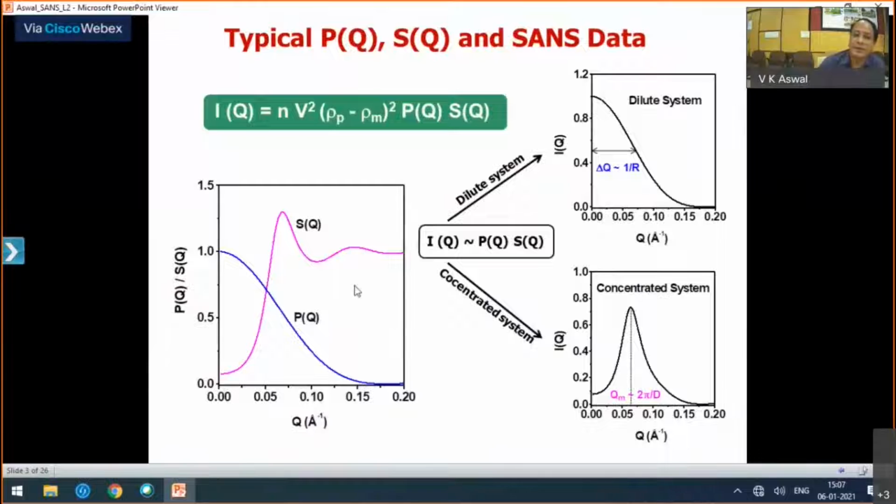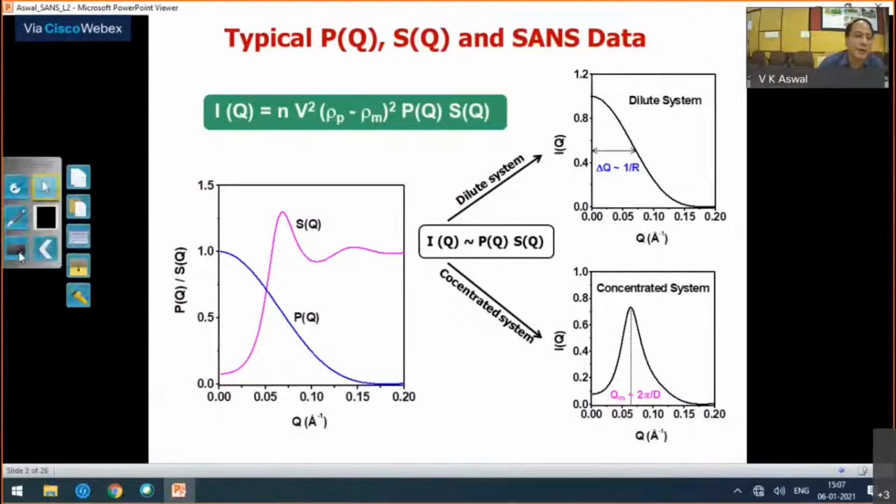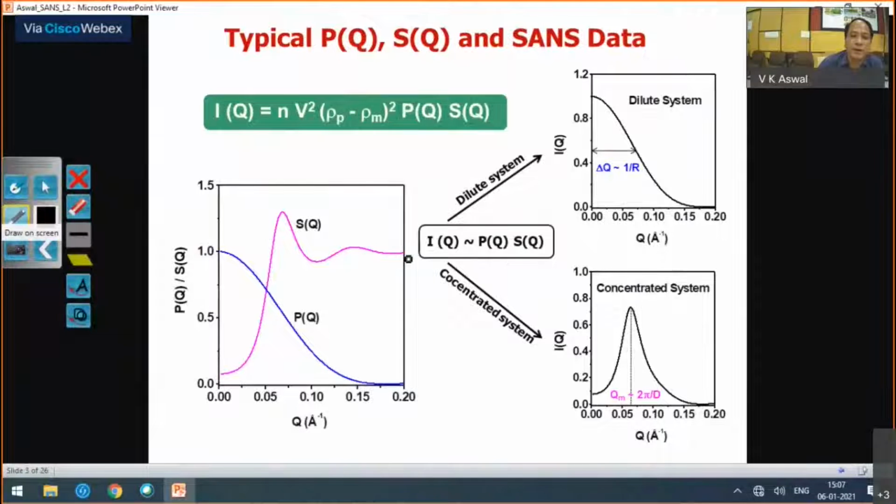And what this means is that for a dilute system, your structure factor will be 1. But when you have a concentrated system, then both of them will contribute to the scattering intensity, and the scattering intensity is the product of these two terms.